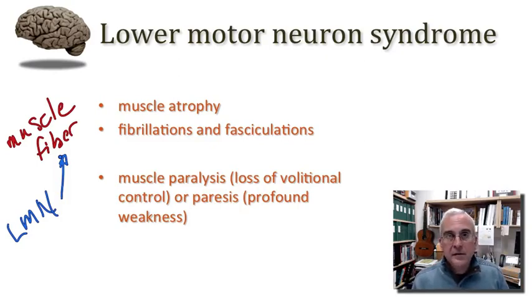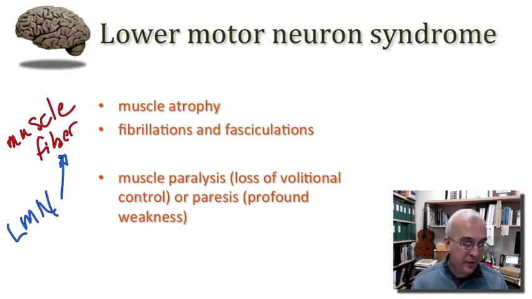So the idea is that our brain is sending signals to the spinal cord commanding a voluntary movement like a contraction, and there's profound weakness there. Not because the signal is not being received by the spinal cord necessarily, but rather the output from the spinal cord, or perhaps from the cranial motor nuclei, to the muscle fiber itself is the problem.